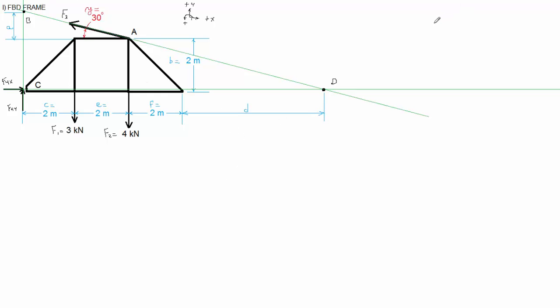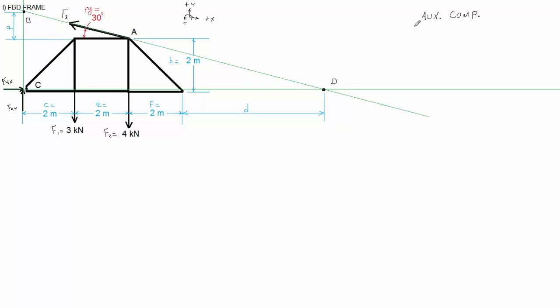Now, to find those two distances, I'll need to do a little bit of trig. So I'm going to do that over here in an AuxComp. If I look at the right triangle that has height A, I can see I have a right triangle made here from point B down to this blue line over to point A. The height of that triangle is A. The base is 4 meters. It's C plus E, and it's got a 30-degree angle.